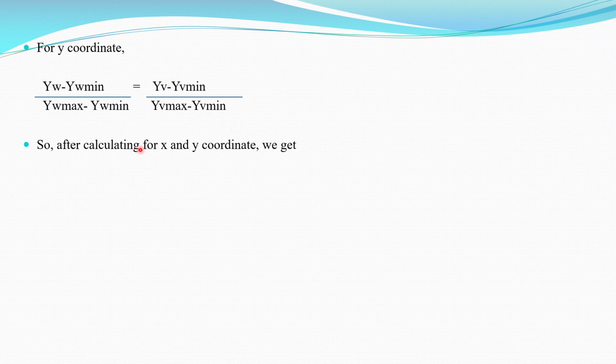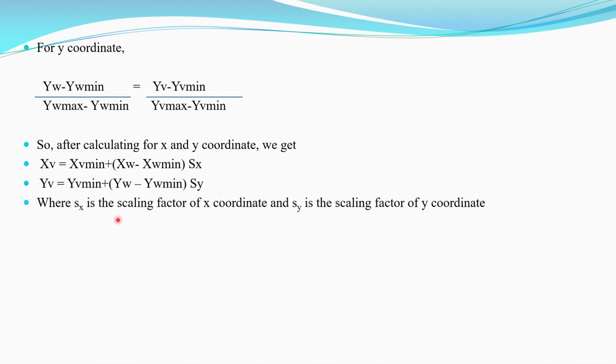After calculating for the x and y coordinates, we get xv, the x coordinate of the viewport, as xv min plus xw minus xw min multiplied by the scaling factor sx. And yv, the y coordinate of the viewport, is yv min plus yw minus yw min multiplied by the scaling factor sy, where sx and sy are the scaling factors of the x and y coordinates.